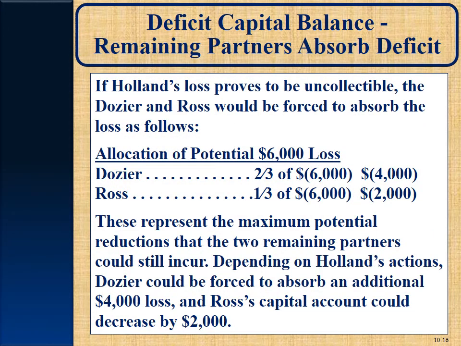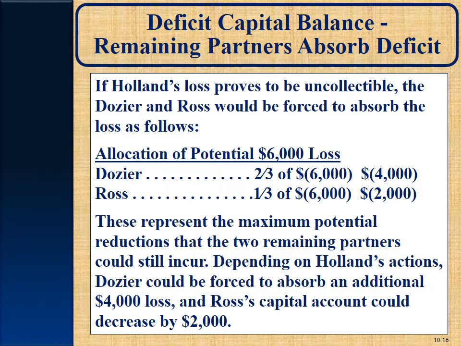So if Holland's loss proves to be uncollectible, let's take a step back before we go into this. Take a look on page 465 of the book, 465. When cash comes in from Holland, here's what will happen. We'll debit cash for $6,000 because the partnership got $6,000. We'll credit Holland's capital $6,000. His capital balance is now zero.